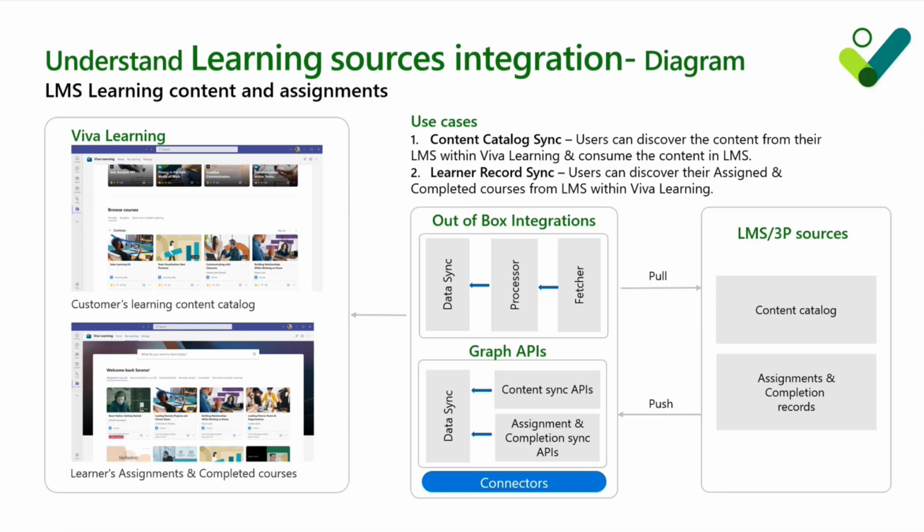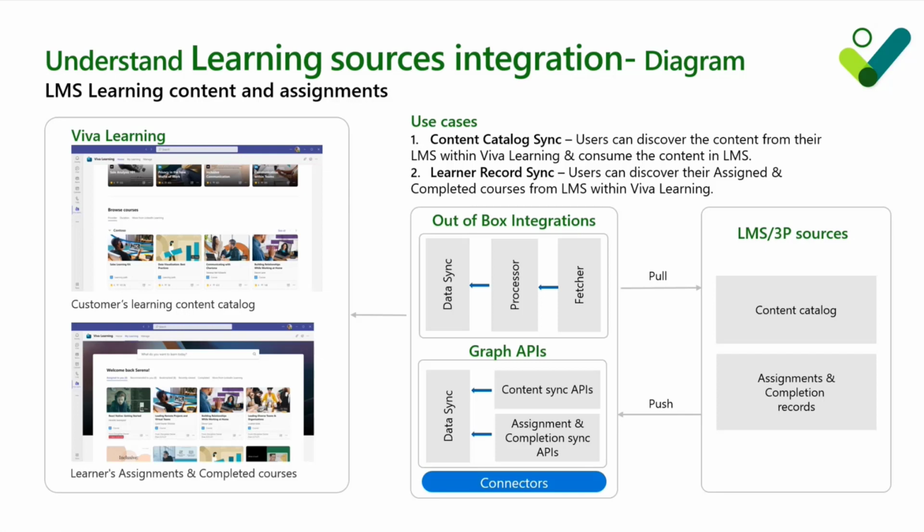Now talking about the second method, which is the Graph APIs. Graph APIs use the push mechanism for integration. Using the push mechanism, the content catalog as well as the assignment and completion records from the LMS or 3P sources can be pushed on to the Viva Learning using the content sync as well as the learner record sync APIs. The learner record sync APIs include the assignment as well as the completion sync scenarios.